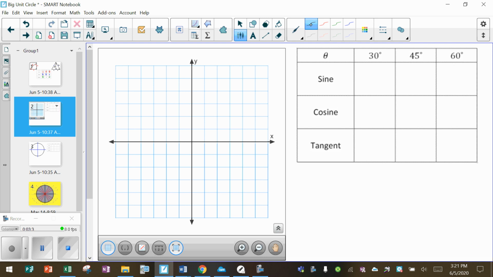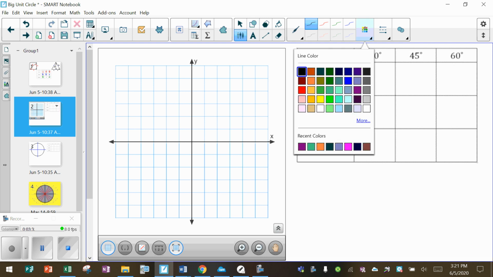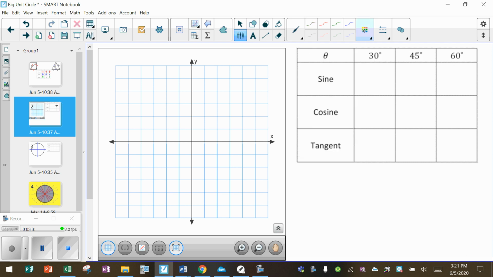So what I'm going to do is use a scale of 0.25, so 0.25, 0.5, 0.75, and then finally 1. This is just so I can have a little bit more space to make my circle.